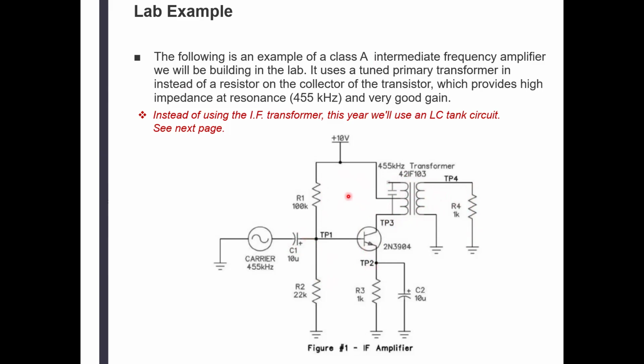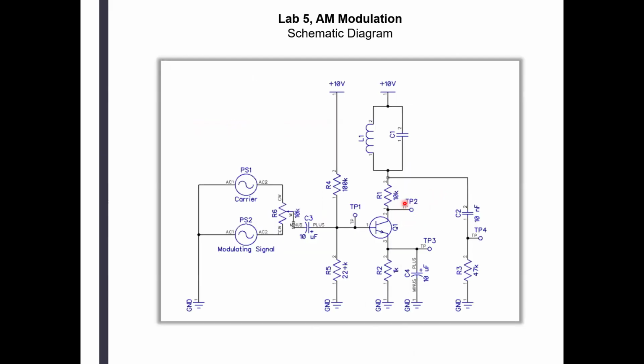Class A amplifier. However, instead of using the IF transformer, because they're becoming scarce and are so easy to damage, and we have encountered so many problems slowing us down, we have decided to build this circuit, which is pretty much the same thing.